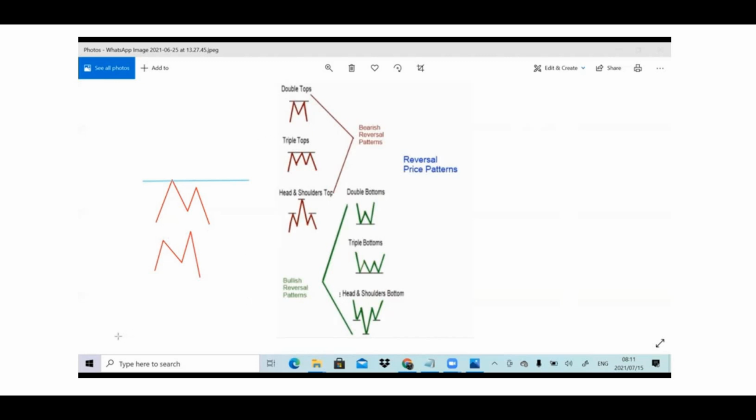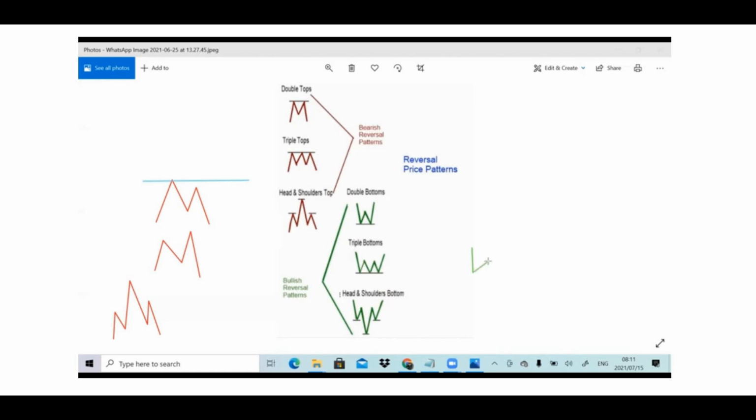Same as head and shoulder. You find your head and shoulder one being like this. It's not symmetrical like this. Same as the triple bottom.